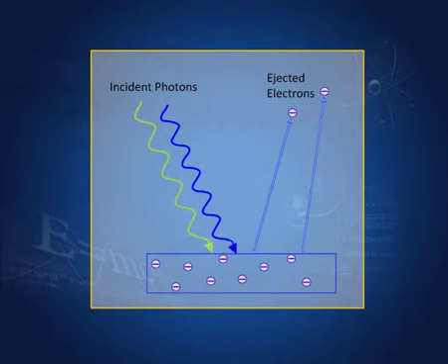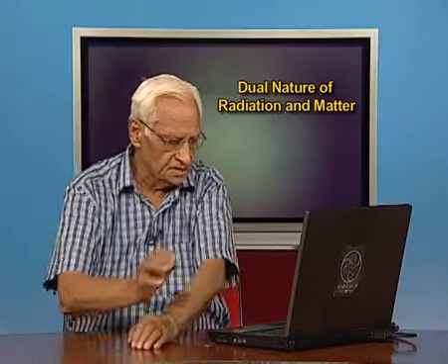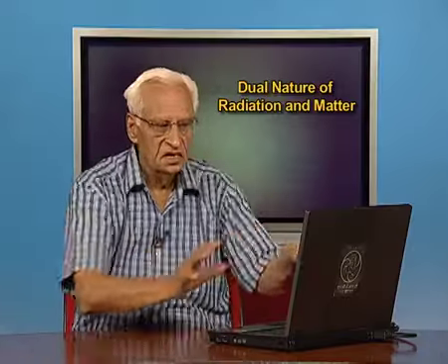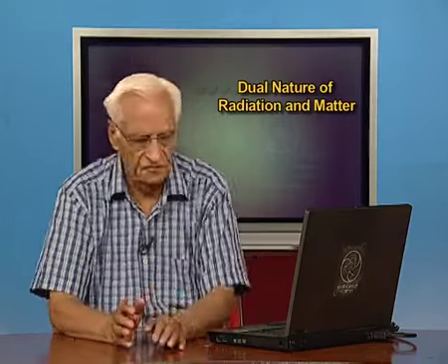These are the ejected electrons. These are known as photoelectrons. So, we shine this piece of metal with photons, and if the energy in the photons is sufficient, then these electrons get that energy and can come out as photoelectrons, and this effect is known as the photoelectric effect.